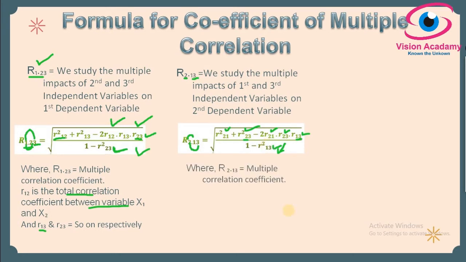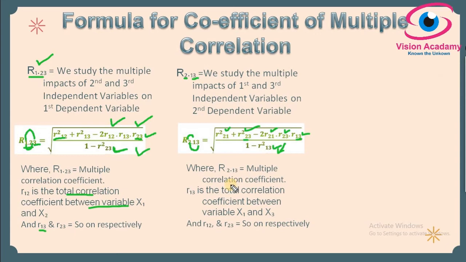So again R2.13 is a multiple correlation coefficient, and as I told you already, R13 is the total correlation coefficient between X1 and X3, R12 means the total correlation coefficient between X1 and X2, and R23 means the total correlation coefficient between X2 and X3.